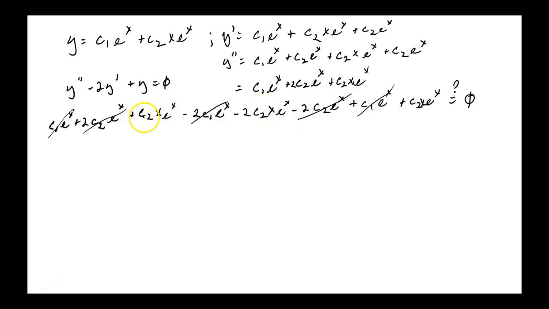Here's a C2 x e to the x, another C2 x e to the x, but here we have a minus 2 C2 x e to the x, and those add to 0. So sure enough, 0 is equal to 0. So that certainly does work. Okay? That two-parameter system satisfies that second order linear differential equation.